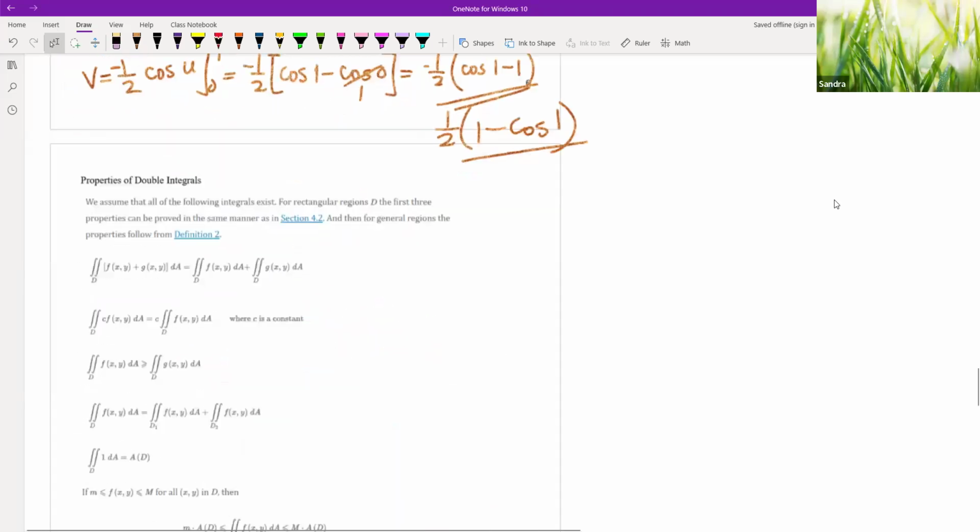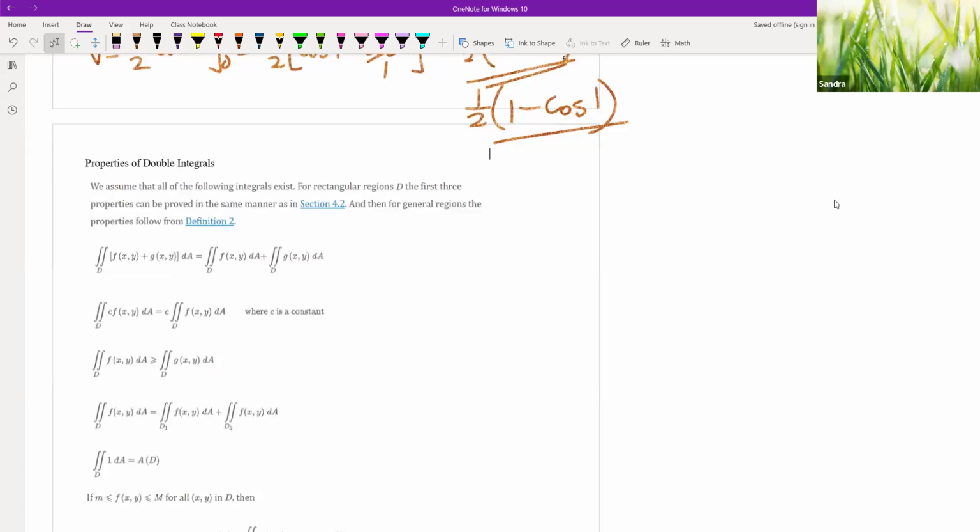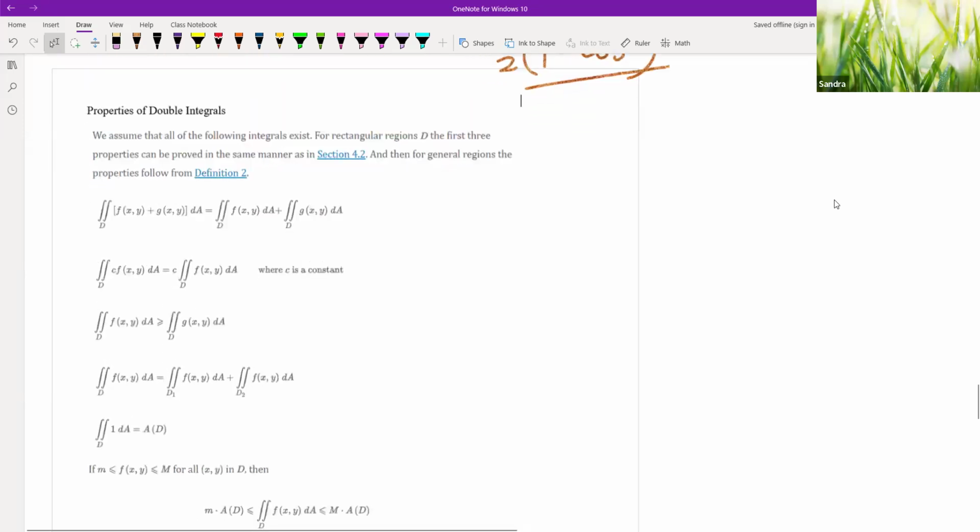Okay, we have some properties of double integrals. We assume that all of the following integrals exist for rectangular region R. The first three properties can be proved in the same manner as in section 4.2. And for general regions, the properties follow from definition 2. We'll go ahead and go over them.